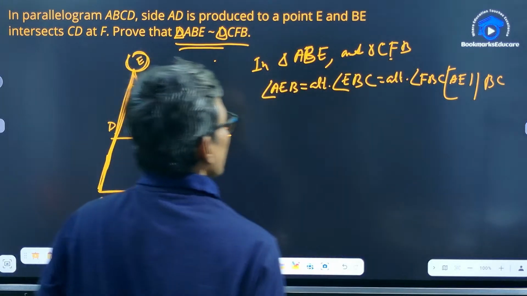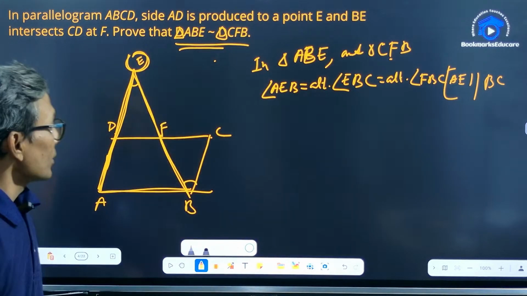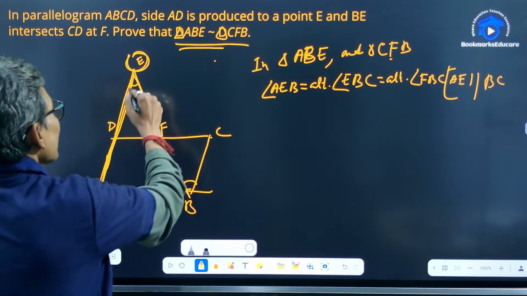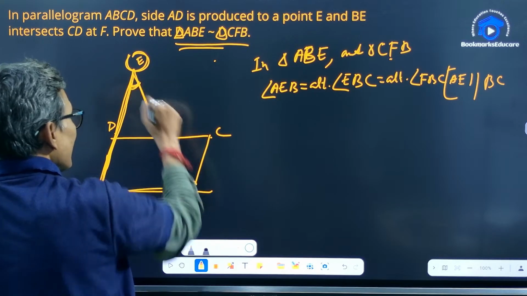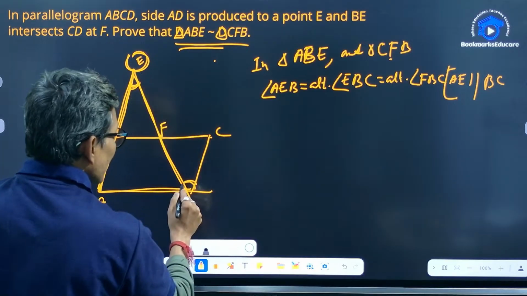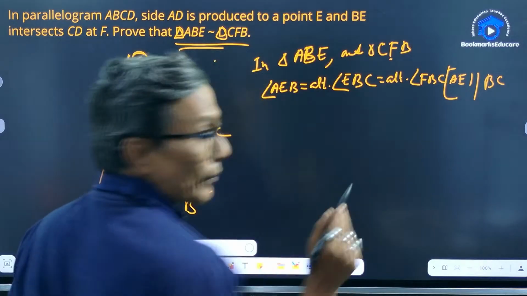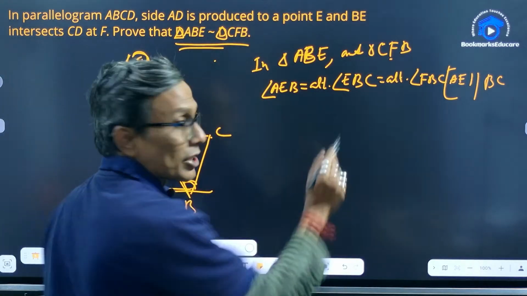So since AE is parallel to BC, two alternate angles are produced. One is angle E and the other is angle B. So this angle is equal to this angle, and they are alternate angles to each other, so they must be equal.